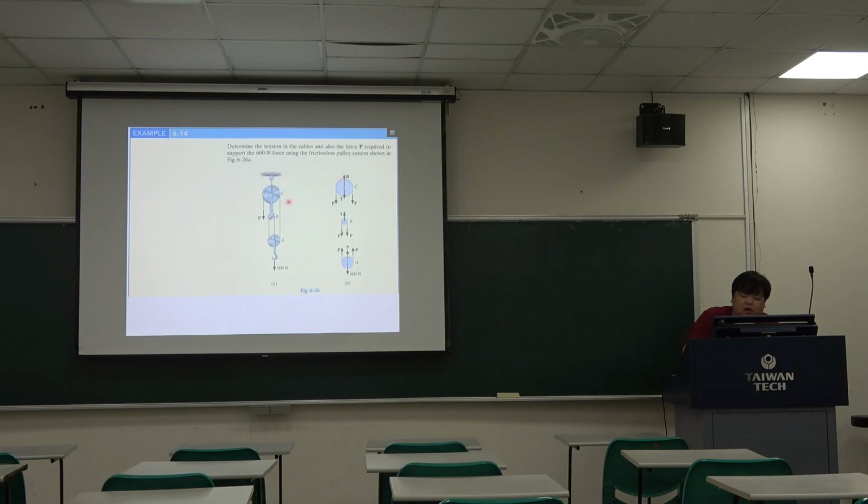So in the big pulley, we have the external force P, like this to this, because we use the one cable, so the tension is the same, and we have the internal force at the pulley center. So we have this reaction force and this tensile force.